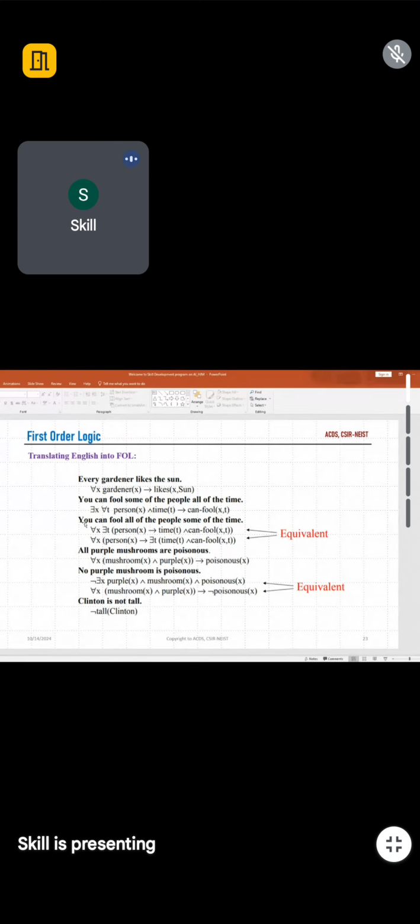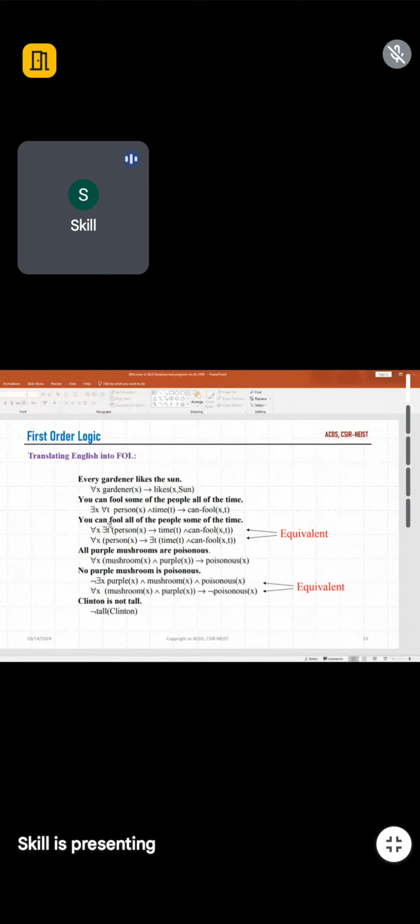Similarly, another statement we are explaining with FOL: you can fool all of the people some of the time. In these two ways we can write it, it will be equivalent only. So for all of the people we are writing x, then some of the time t, person(x), time(t), and can fool(x, t).